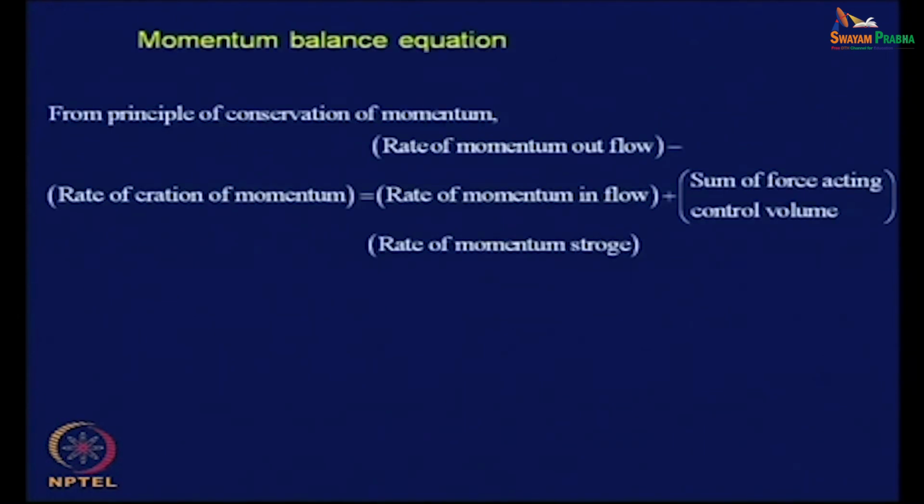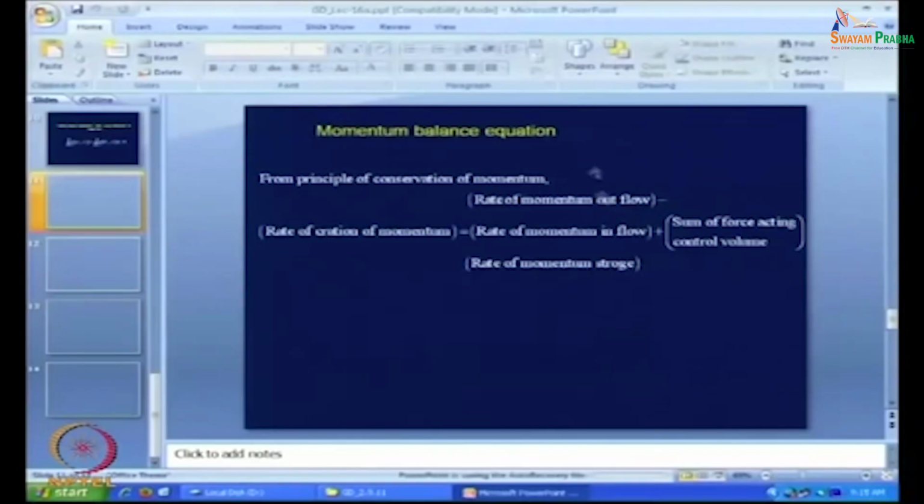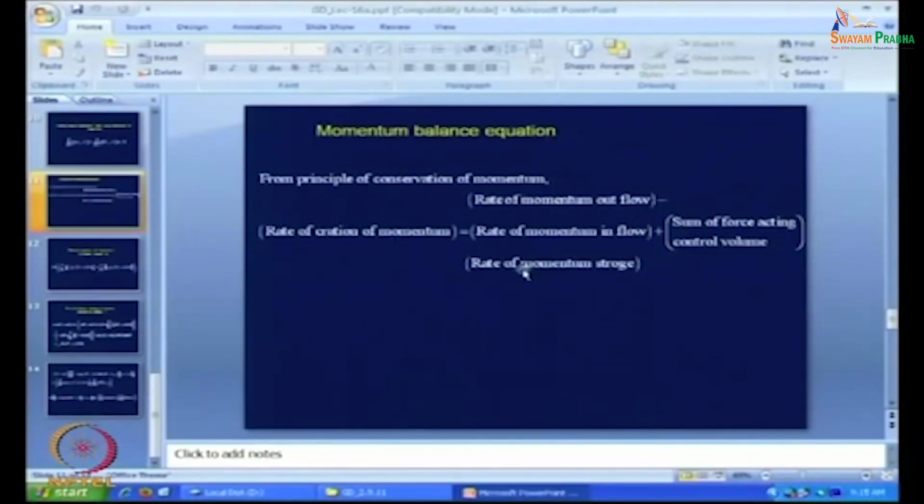Now, what is the principle of momentum balance? All of us know. It is simply the rate of momentum outflow minus inflow plus the rate of momentum storage, and here there is a little mistake, it is equal to the sum of forces acting on the control volume.